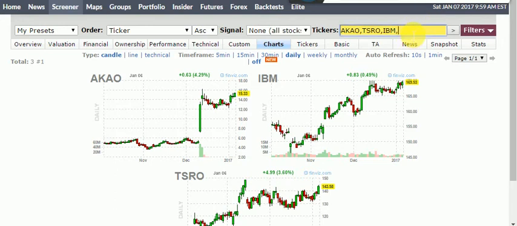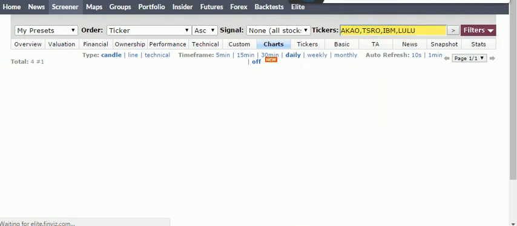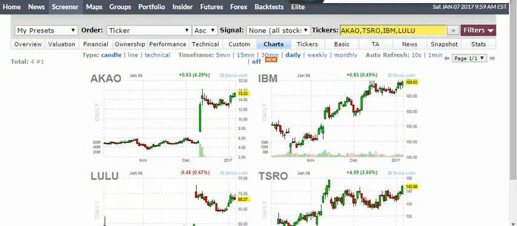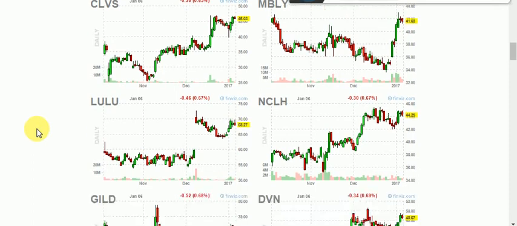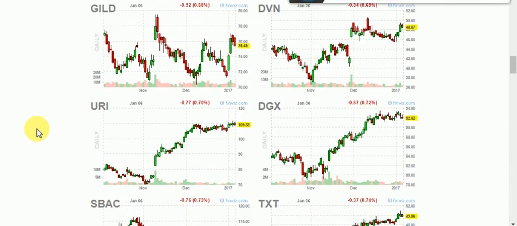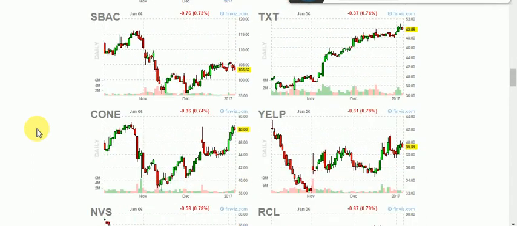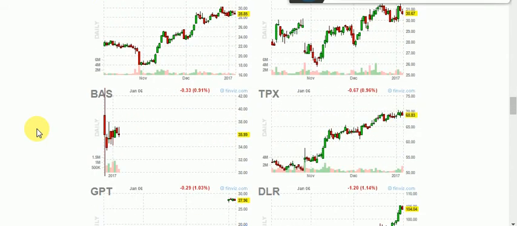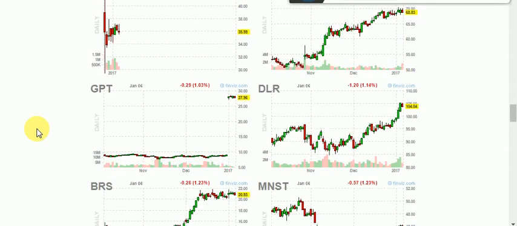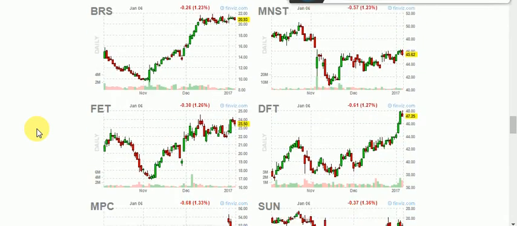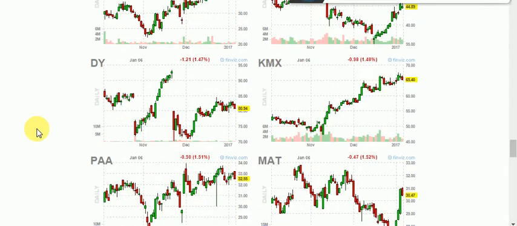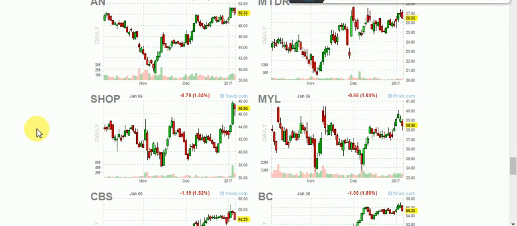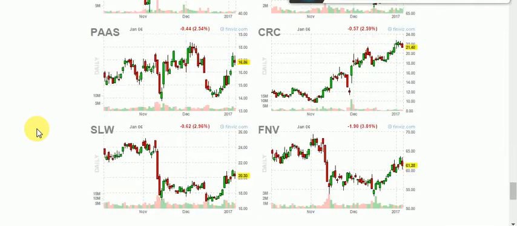There we go. NCI, URI, TXT, parse. So yeah, nothing much going on the upside.